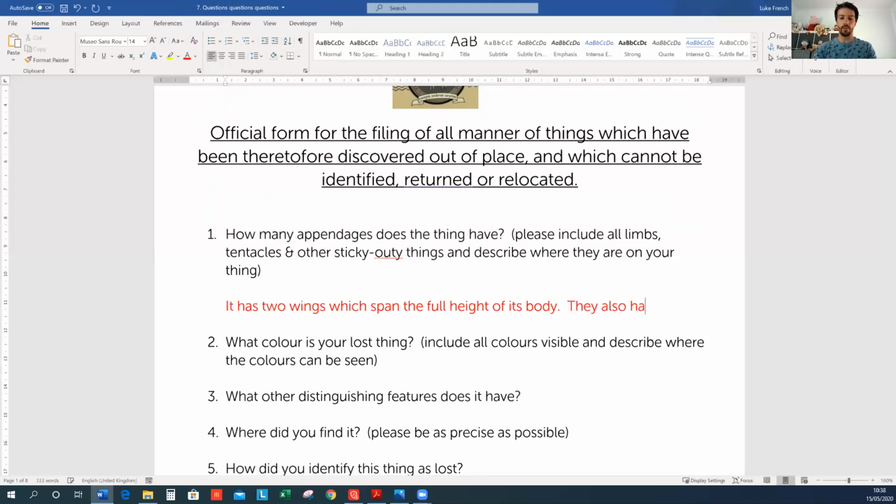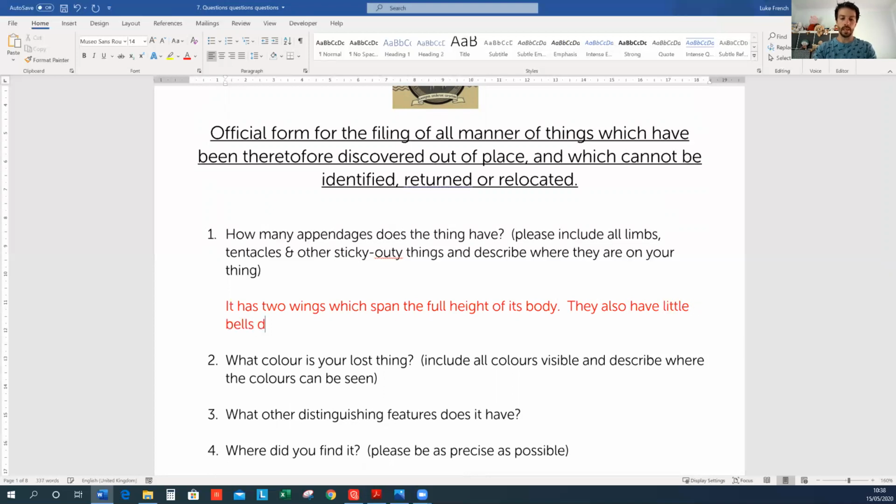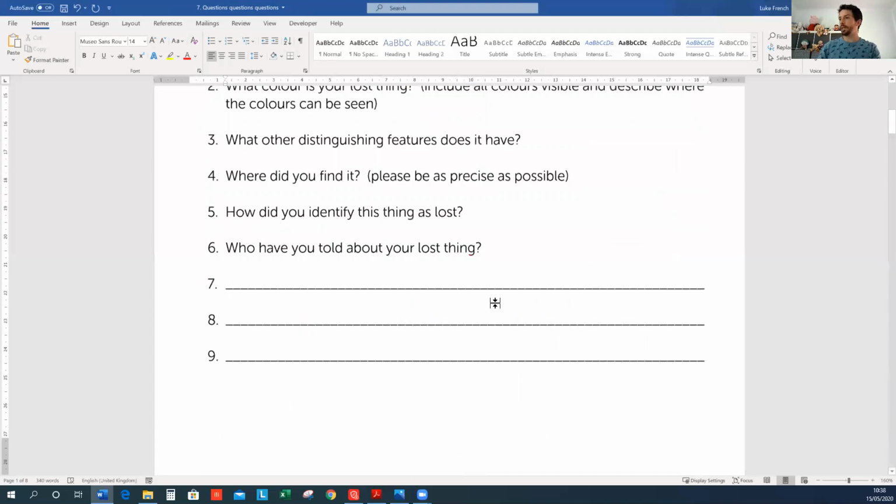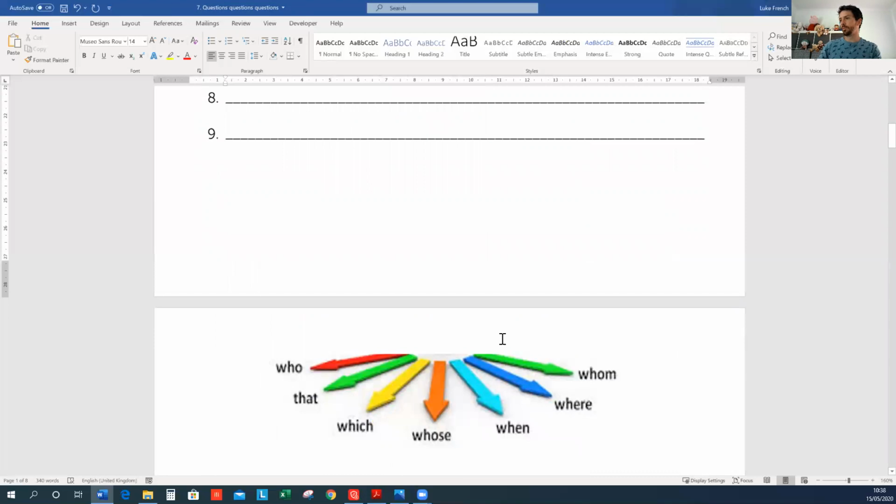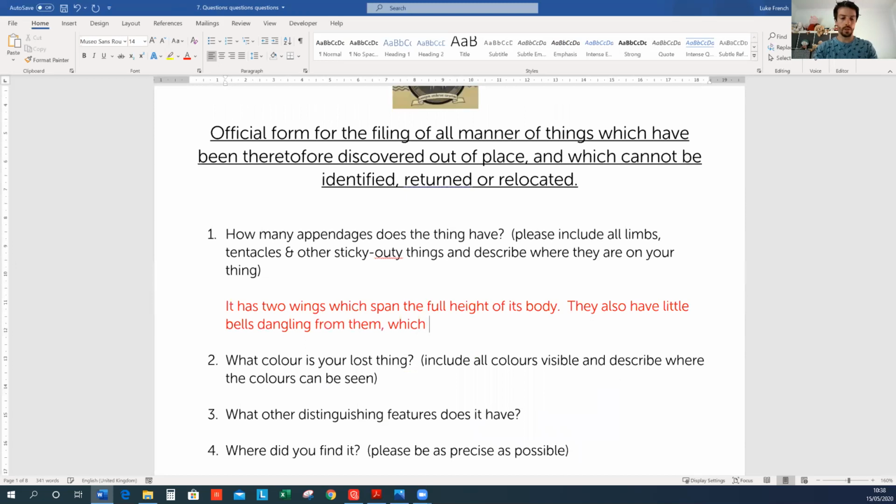They also have little bells dangling from them. Let's look at my relative pronouns. I'm going to have to use which again. Which wing when it is happy. Okay, so I've started to talk about its appendages. I've not talked about its legs yet, or its snout, or its chimney, or the little spiky bits on top of its head. I'd like you to write about those, please.